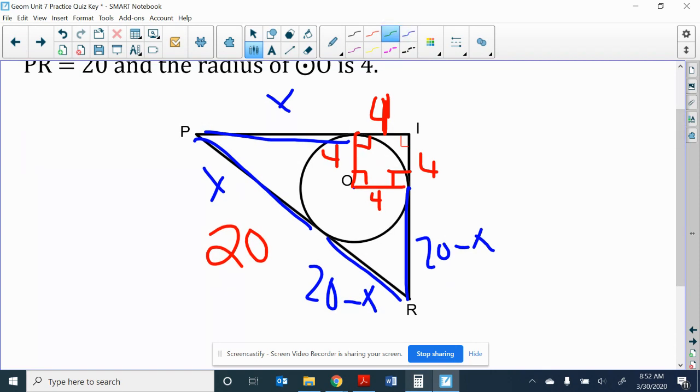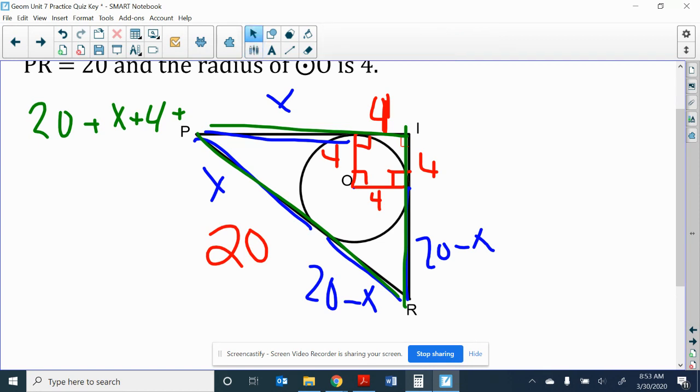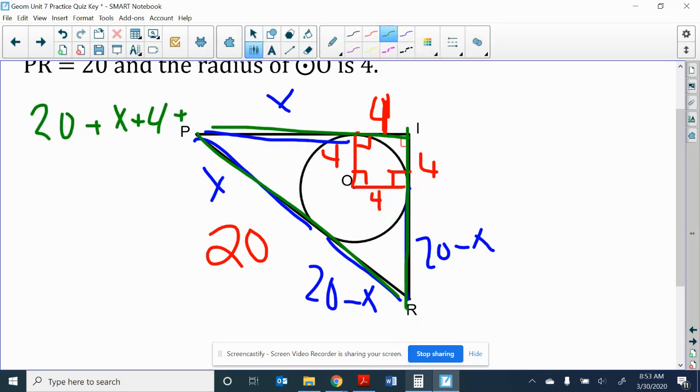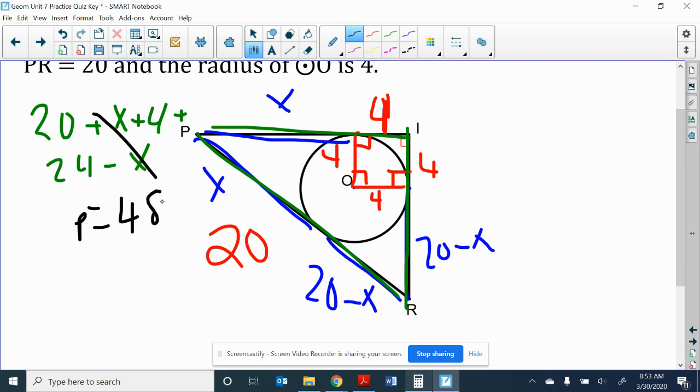I have 20 plus x plus 4 plus 24 minus x. All right. I don't know what x is, but I do know they cancel. And what I'm left with is 24 plus 24, and that gives me a perimeter of 48.